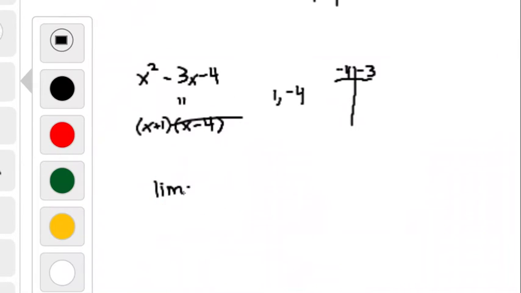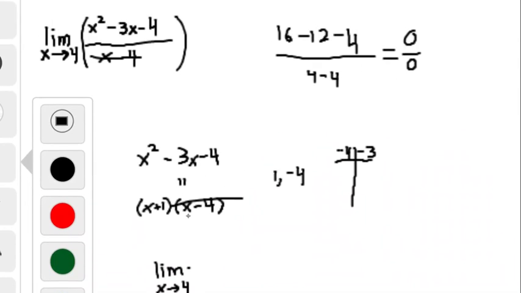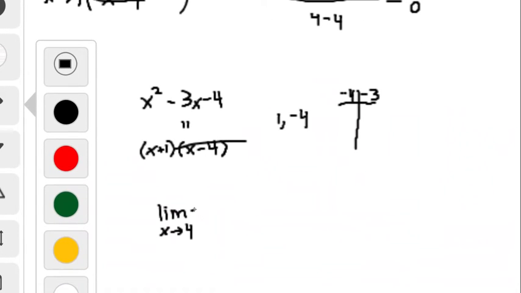So this has now become the limit as x goes to 4 of x plus 1. And this we can just plug in and we will get that this equals 5.